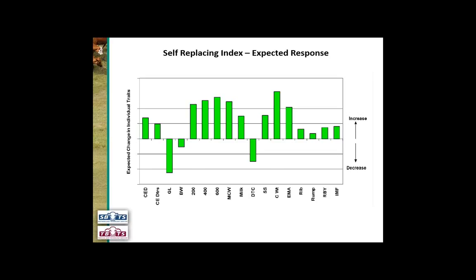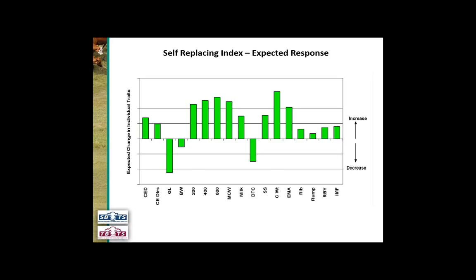Positive means increased, and the bottom line is a decrease. So if we look at calving ease direct, if you selected only on this index, you would see an increase expected. This is expressed in what we call standard deviations to make everything relative.